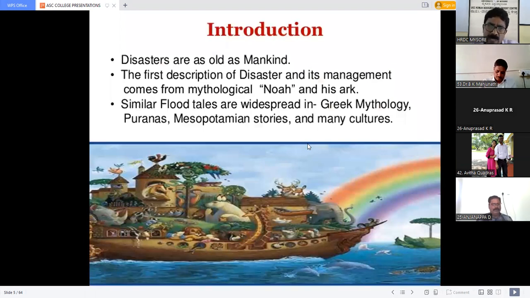Disaster is an old word. From the first descriptions, the word came into disaster management, and some of it comes from the Puranas, from Mesopotamian stories, and many cultures.